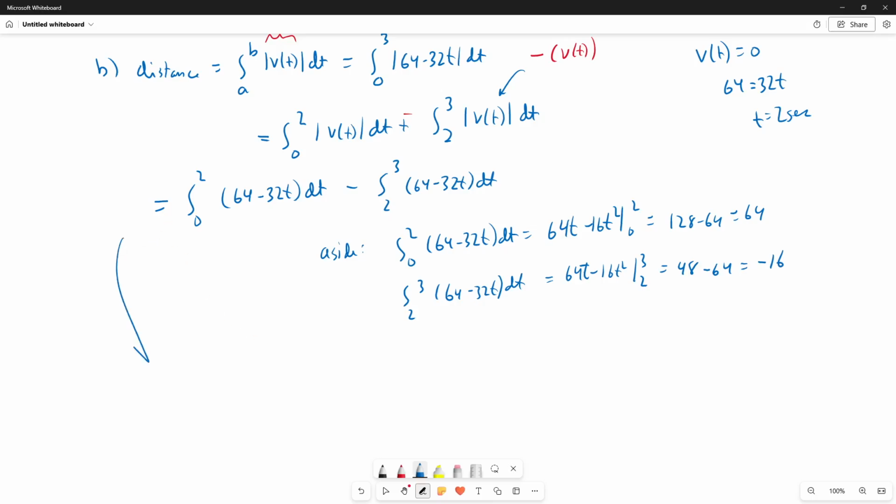So getting back to our 2 integrals, the first integral was equal to 64, and then minus the second integral, which was negative 16. And that's 64 plus 16, which is 80 feet. So that's the total distance traveled. The 64 was how many feet up it went, and the minus 16 was how many feet down it went.